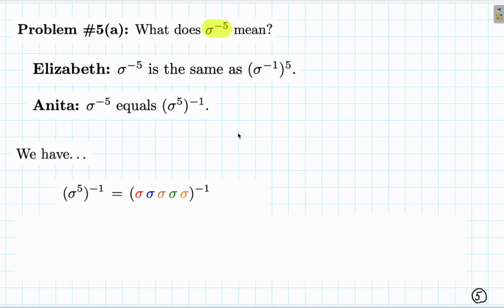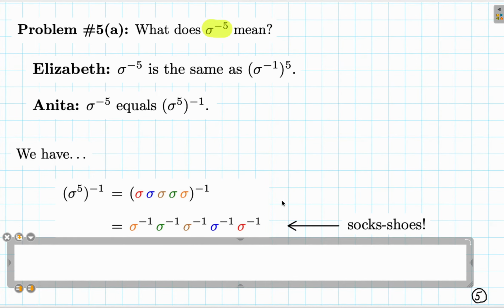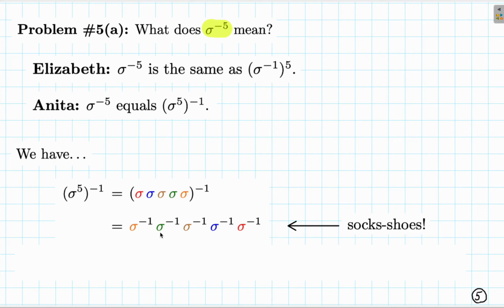Now, if you want to undo all of that, meaning take the inverse, well, what comes off first? Well, I guess the orange shoes. And then the green socks, the gold socks, the blue socks, and the red socks. Those come off. This is our socks and shoes, it's just we have many more socks, perhaps.